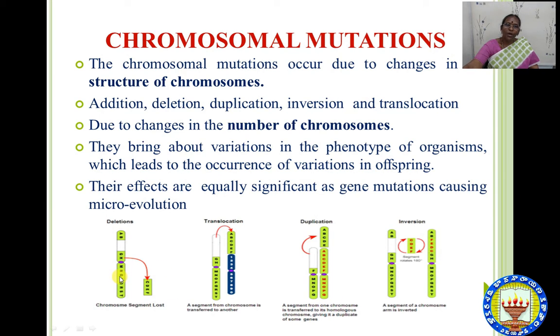Deletion means the breakdown of a part of the chromosome. In duplication, if a bit of the chromosome is added to another chromosome, it is called duplication. In translocation, if the bit is transferred to another chromosome, it is called translocation. In inversion, if a part of the chromosome breaks and gets reunited in an inverted or reverse manner, it is called inversion.